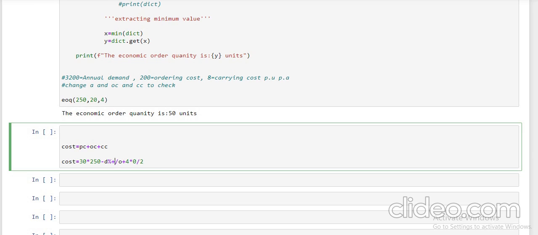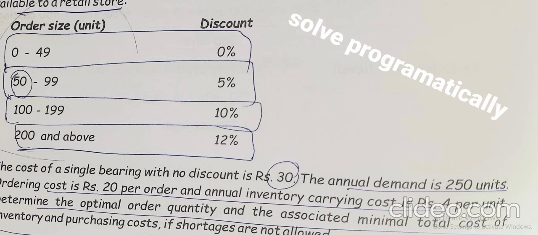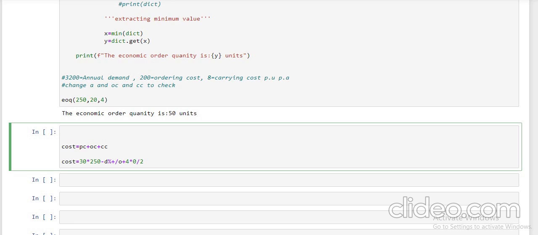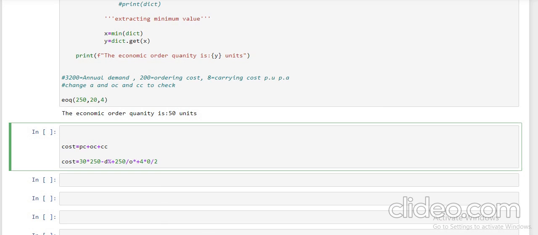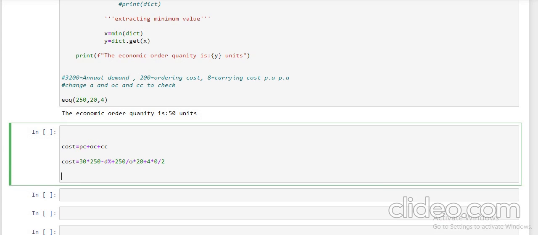Also I will just write the annual demand value, it's the same, so 250. So 250 upon O times, I forgot, times 20, right? It's 20 per order. So let's simplify this. Cost is finally 30 times 250, 7,500.